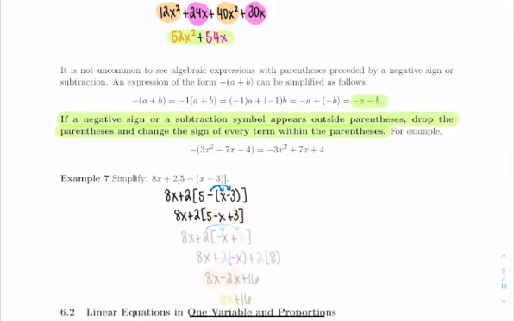The parentheses are gone, and the only thing we have now is the square brackets. The square brackets are still grouping symbols. So we can simplify the inside first by combining like terms. We have a 5 and a 3. So we have 8x plus 2 times [negative x plus 8].